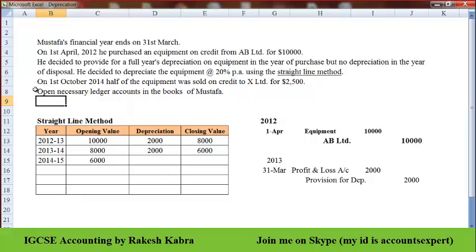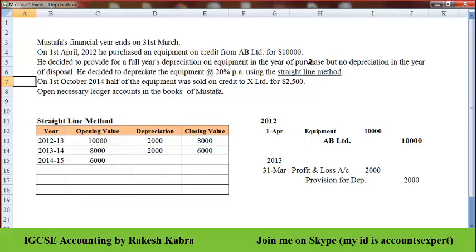Now what happened in this year, in this month? What has Mustafa done? He sold half of the equipment on credit to X Limited for $2,500. Did he sell the entire equipment or half equipment? Half equipment he sold. And on which date? 1st October.